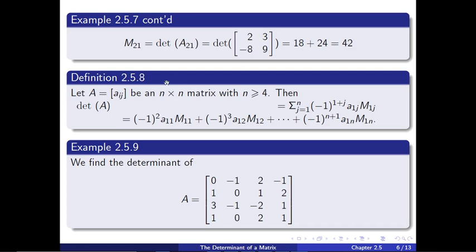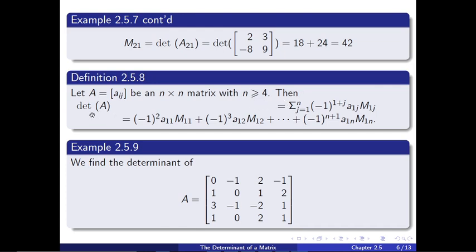Now let's look at the definition of the determinant of an n by n matrix, where n is greater or equal to 4.